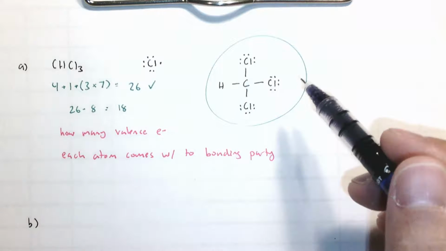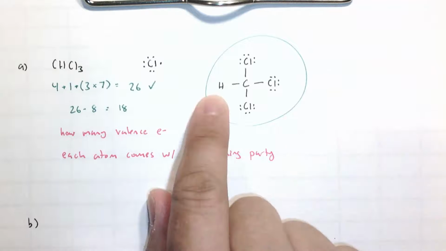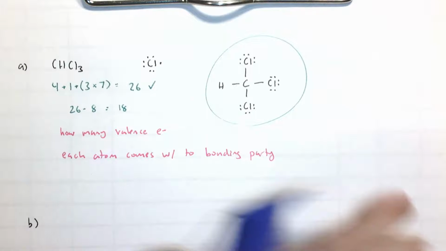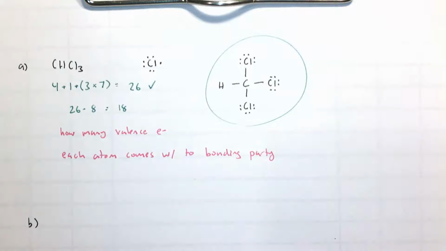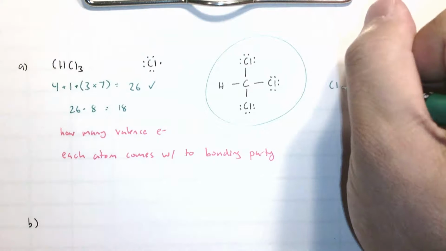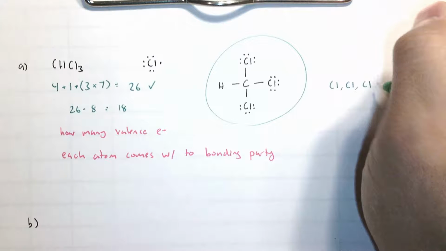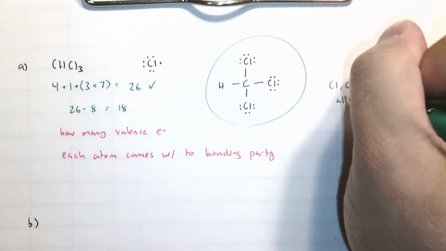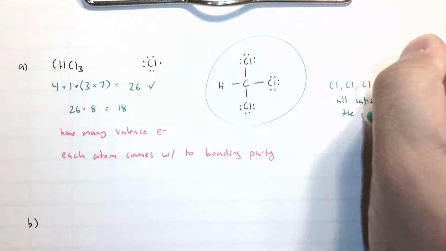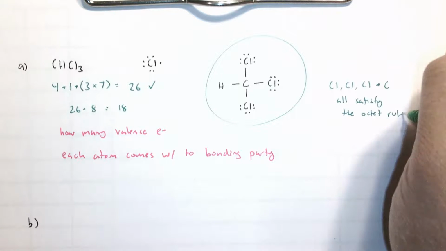And they all satisfy the octet rule. Okay. Except for hydrogen. Hydrogen only has 2 valence electrons. So we should say carbon, but chlorine, chlorine, chlorine, and carbon all satisfy the octet rule.